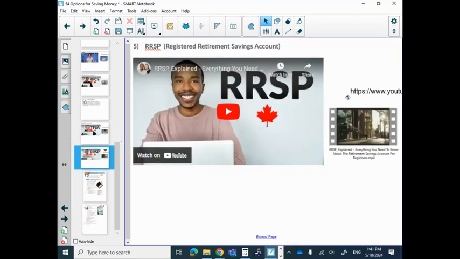The other type to be aware of is called an RRSP, a Registered Retirement Savings Plan. If you are paying tax on, let's say, $60,000 a year, and you put $10,000 into RRSPs, it reduces your total income on paper to $50,000, and any tax you've paid on that $10,000 you actually get back. Later in life, when you take that money out, you pay income tax on it then.